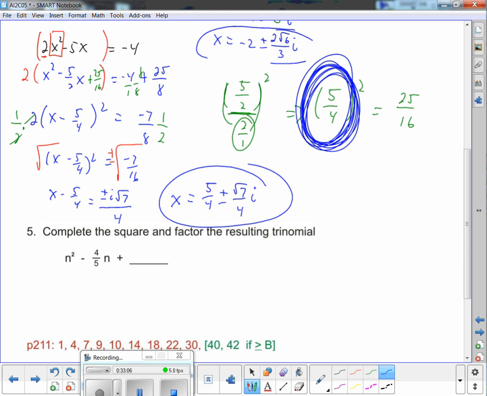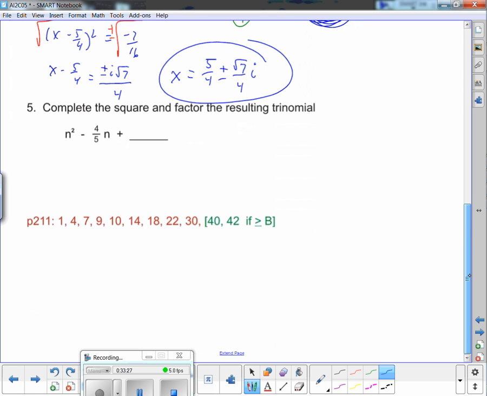Your calculator's not really going to let you play around with imaginaries, so no. You just got to go back and check your own math and procedure. Make sure you had your signs correct, your division correct, and that you added the right amount. But you can't really take that value and put it back in.